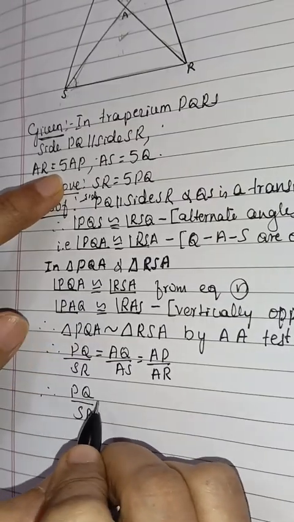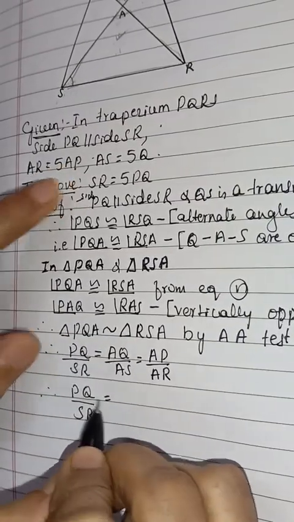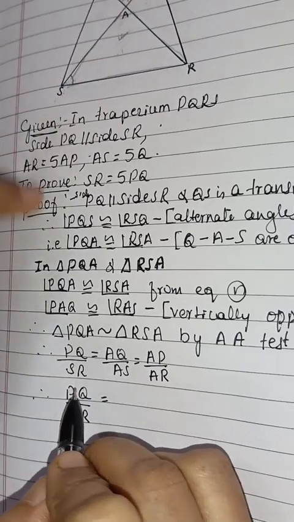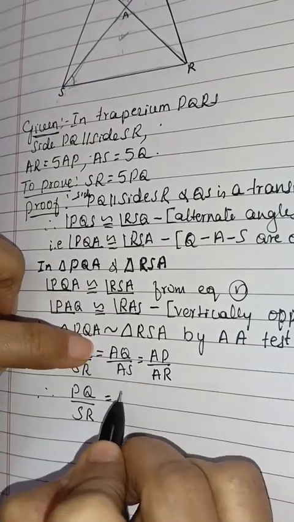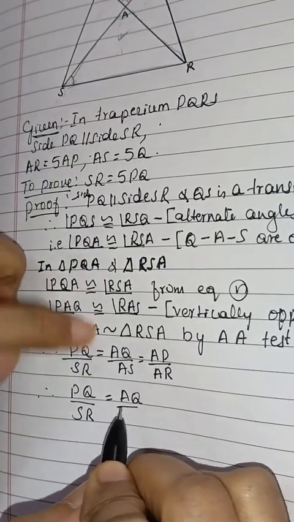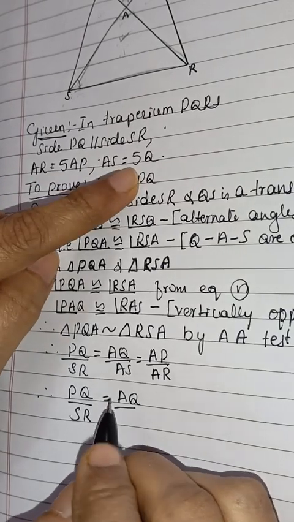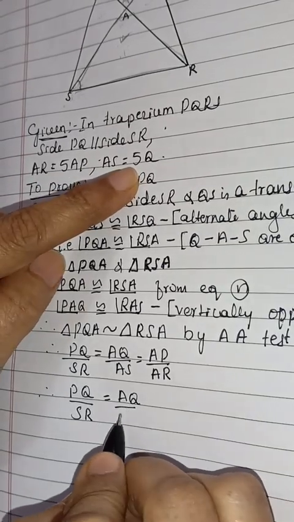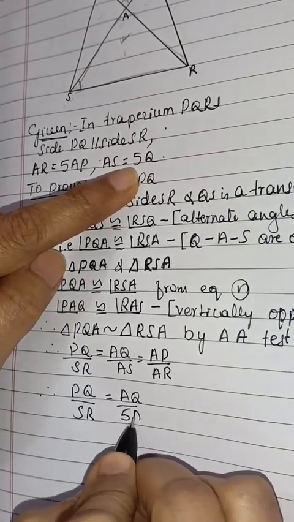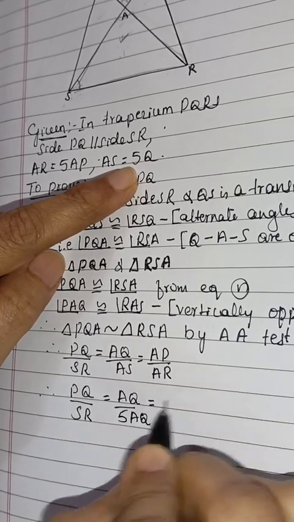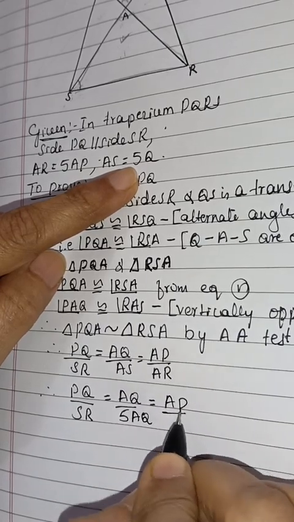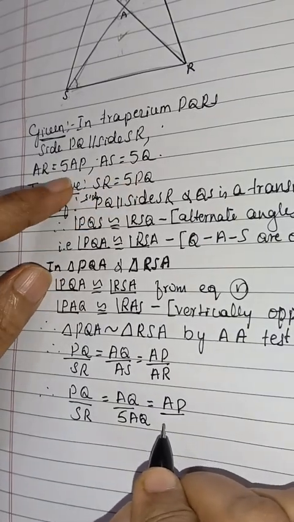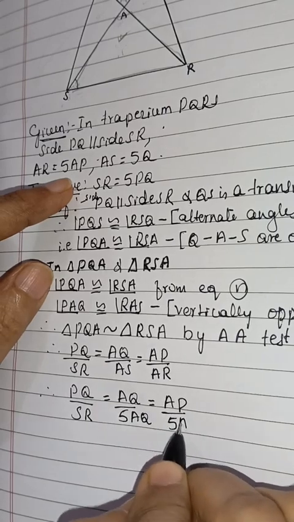Substituting the values, PQ by SR, as it is, equals AQ by AS. AS is 5 AQ, and it's given that AR is 5 AP.